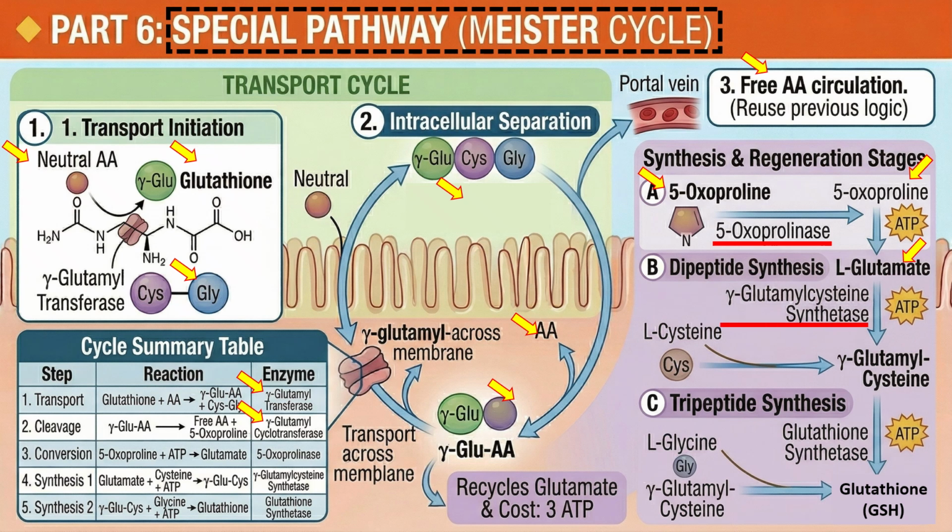Then the enzyme γ-glutamyl cysteine synthetase converts the glutamate into γ-glutamyl cysteine. Again, 1 more ATP is used. Then finally the enzyme glutathione synthetase uses 1 more ATP to produce the glutathione. This is how 3 molecules of ATP are used in the synthesis of glutathione.